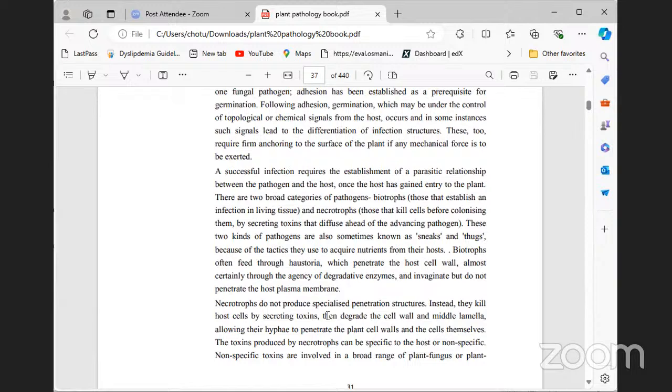Necrotrophs kill cells before colonizing them, by creating toxins that diffuse ahead of the advancing pathogen.